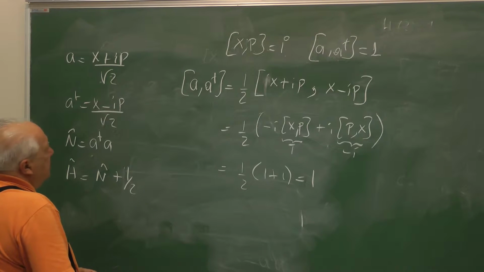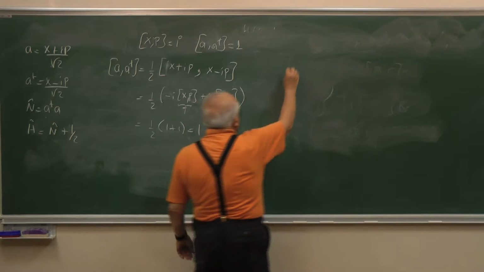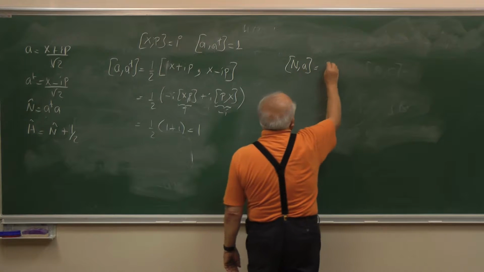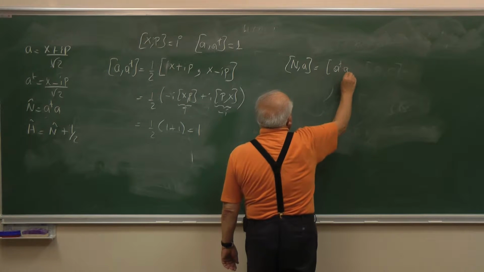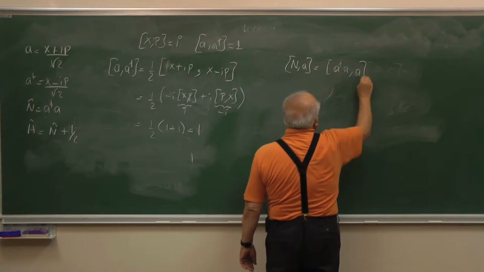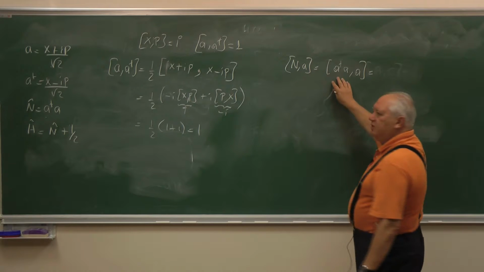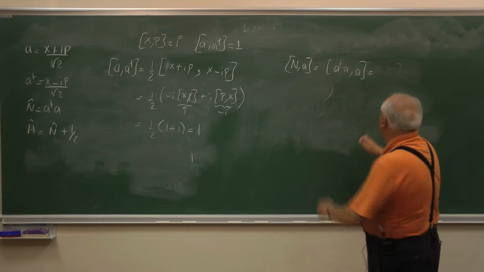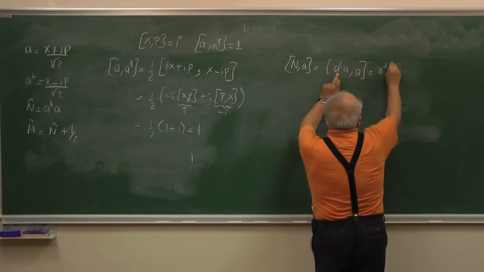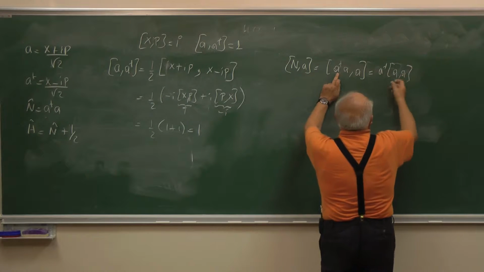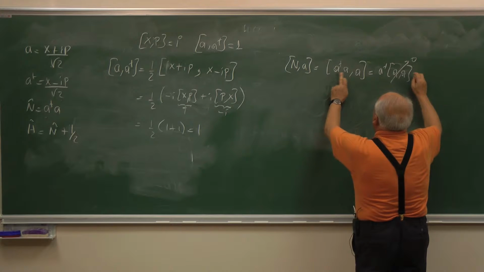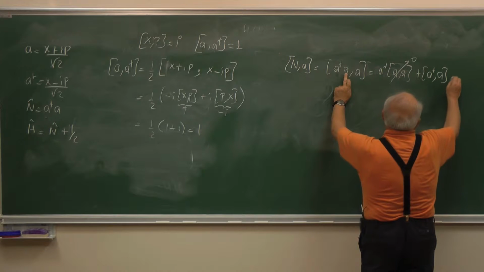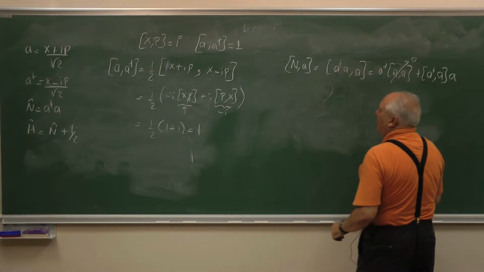Let us obtain the commutation relations with n. [n, a] is equal to [a† a, a]. Remember the composite commutators I wrote at the beginning. So this is a† [a, a], which is 0. Every operator commutes with itself, plus [a†, a] a.